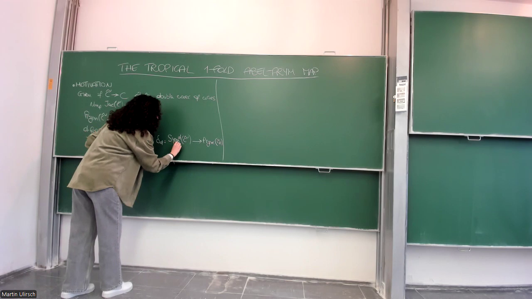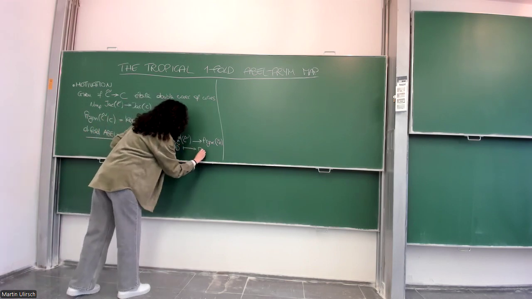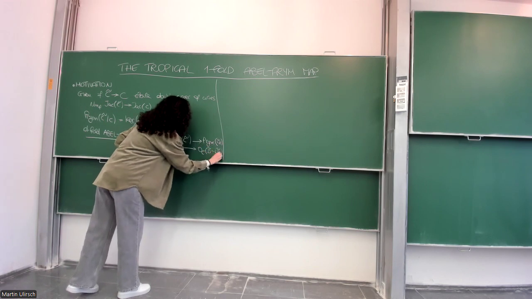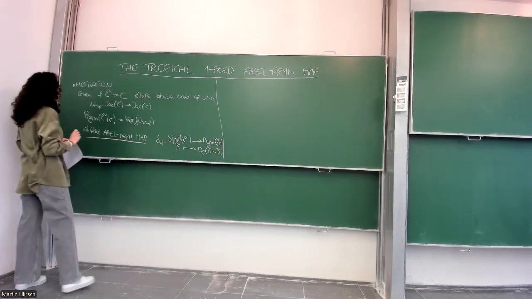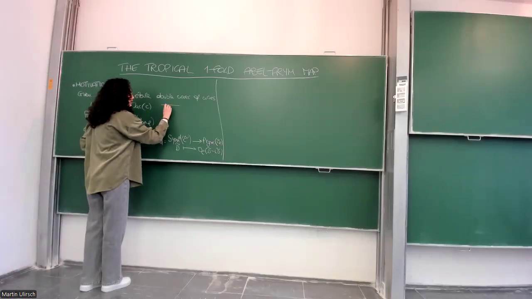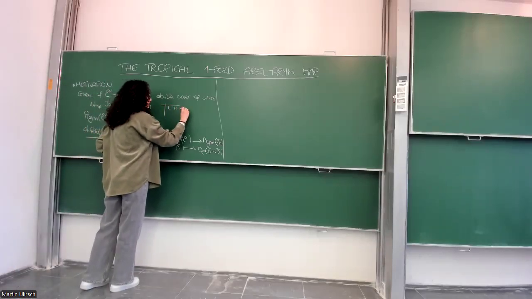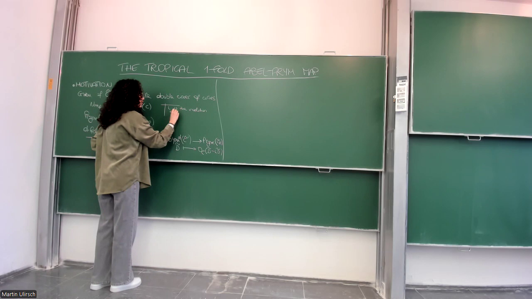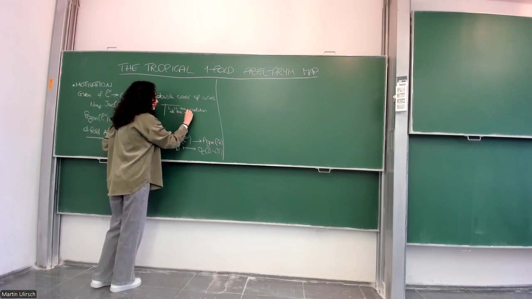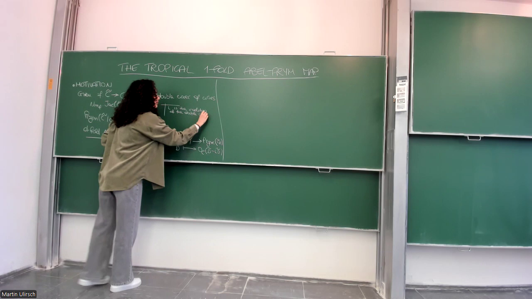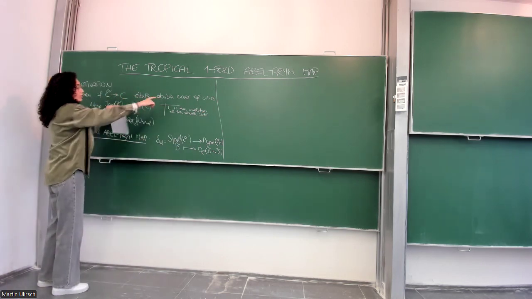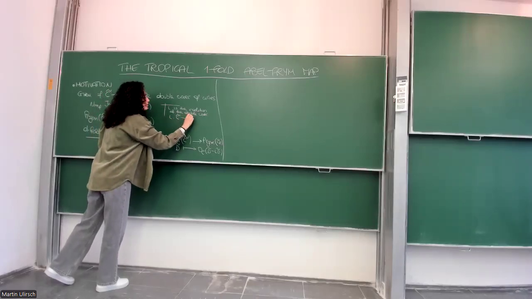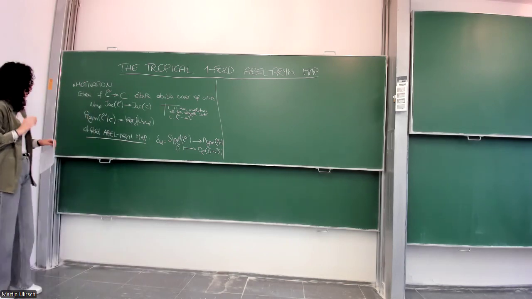And this sends a divisor D tilde to the divisor D tilde minus iota D tilde, where iota is the involution of the double cover. So here we have a double cover. Iota will be the one that swaps the two fibers in the curve C.